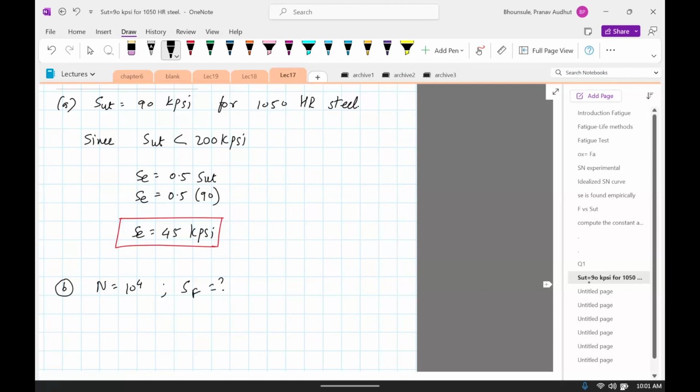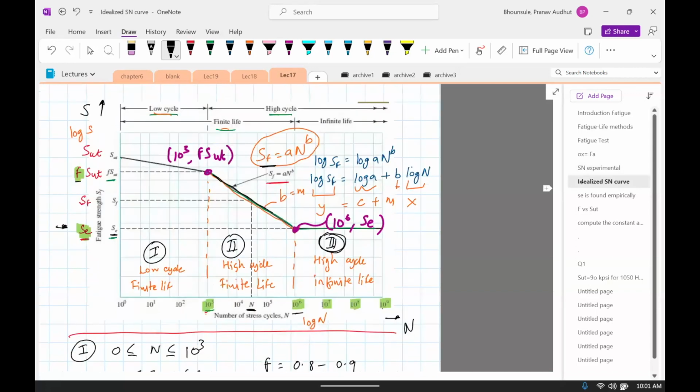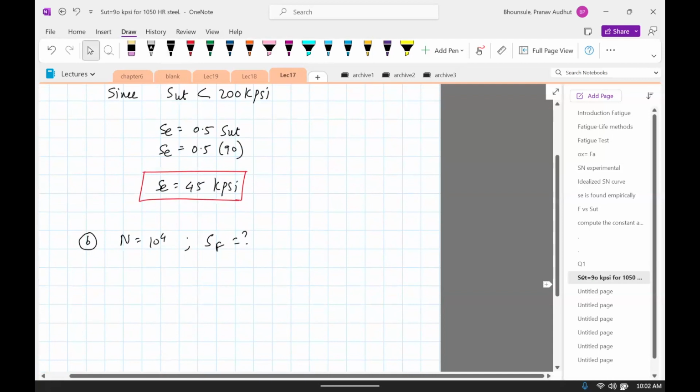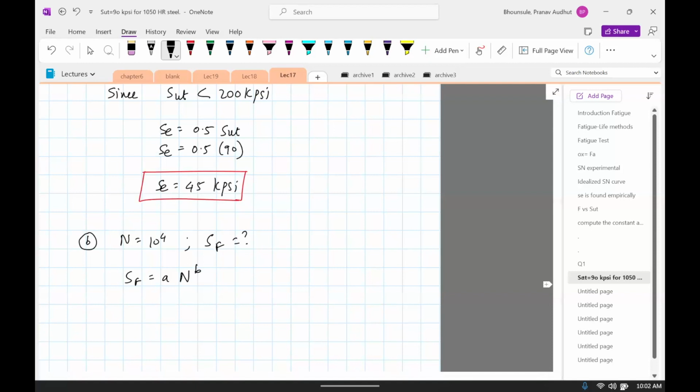You can verify this: if we go to the idealized curve, we see that 10 raised to 4 is here, so it's in region 2. So you're all good. So we need to use this equation, SF equals A n raised to B. We know n. We need to compute A and B, and then we can compute SF.